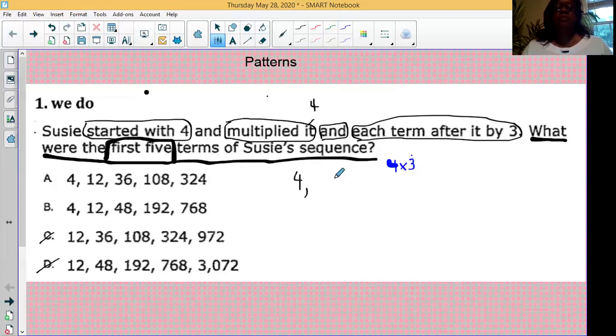And 4 times 3 we know is 12. Okay. So the second number in the sequence is 12. So let's look at A and B. They both have 12 as the second one.